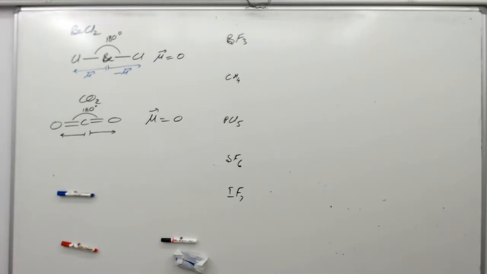So for BF3, the fluorines on the sides would cancel and the one on the top would have a mu. There isn't any fluorine on the top. So mu is 0 for BF3.